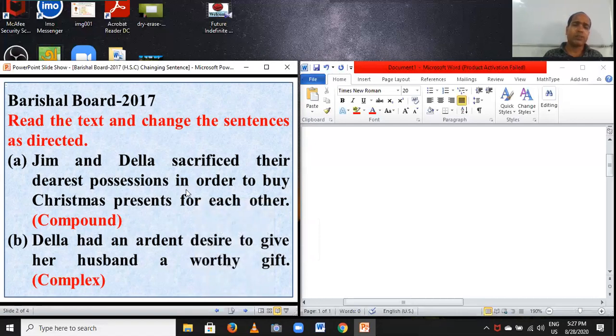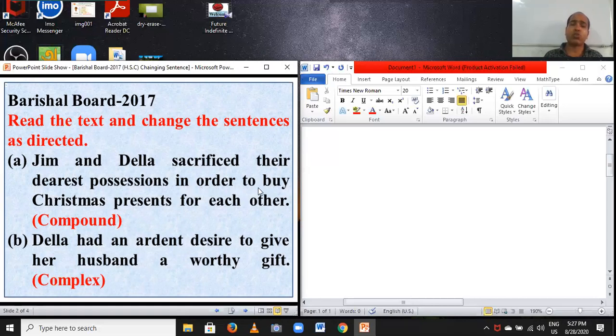So dear students, notice, you have guessed this sentence. Is this sentence a simple sentence? In order to plus base form of the verb, or to plus base form of the verb: in order to is a phrase, meaning "jonno" in Bangla.